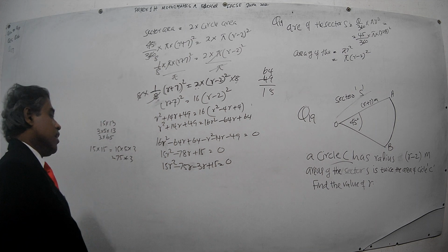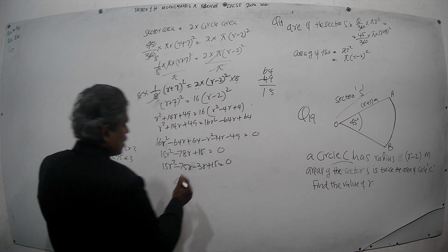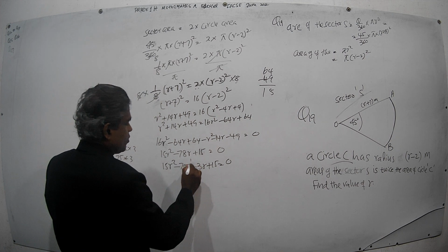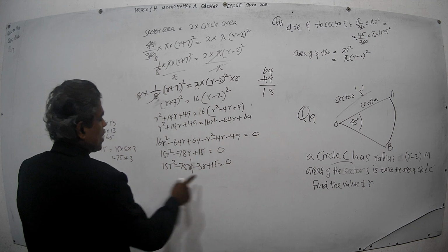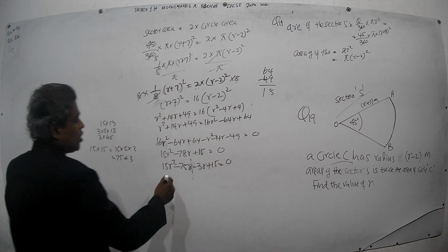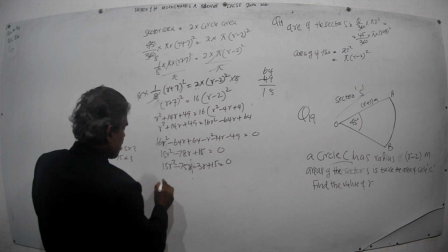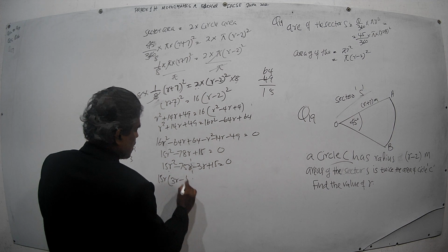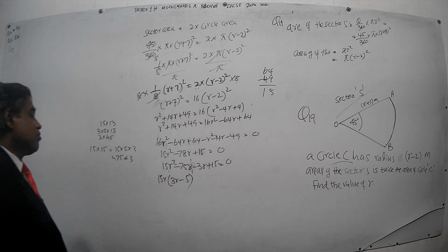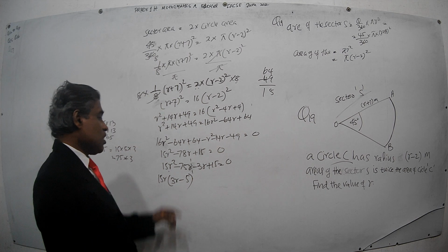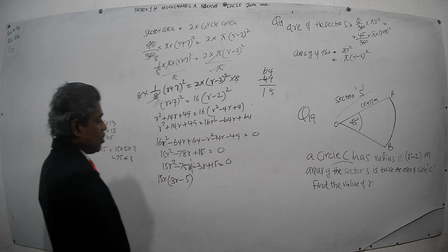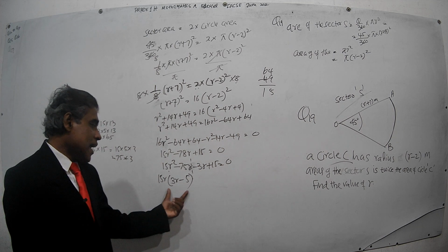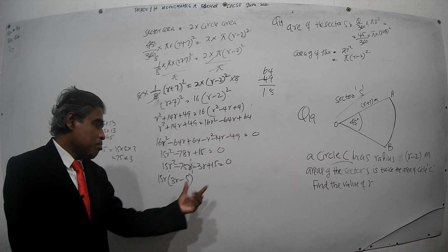Now you break this into two pairs here. Then factorize this part separately and this part separately. Here, 15r squared and 75r, 15r is common, take it out. Here it will be r, then minus 5. In this quadratic factorization, you always have to make sure the same terms come in both pairs of brackets.